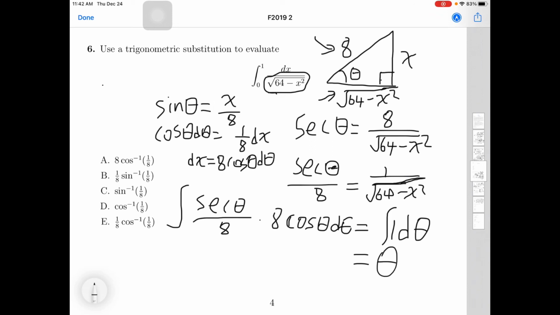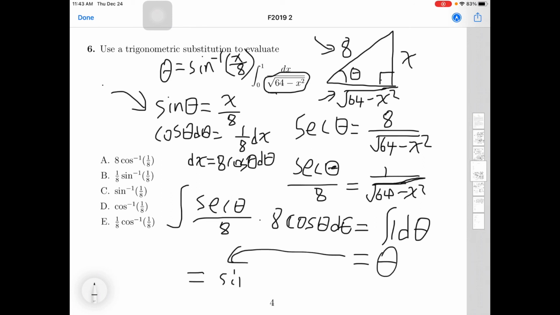And then we can substitute theta back in. Theta from the equation up here would equal sine inverse of x over 8. So we plug that back in, theta would be sine inverse of x over 8 evaluated from 0 to 1.